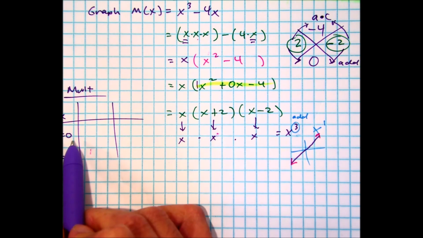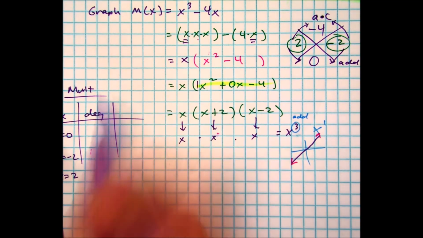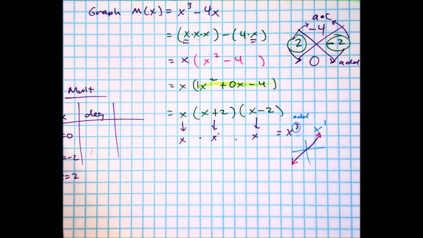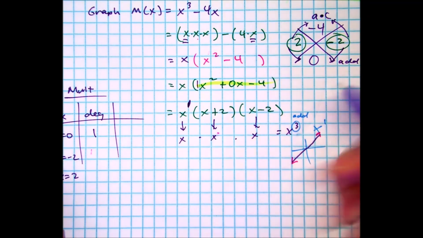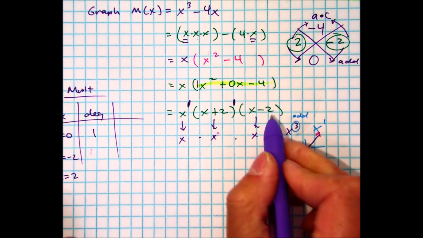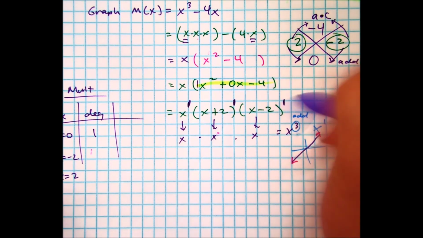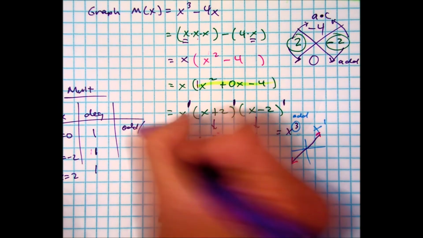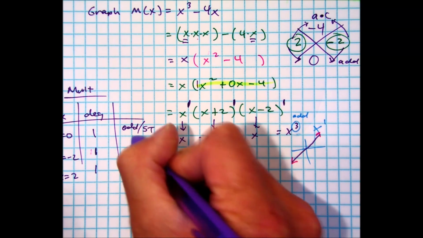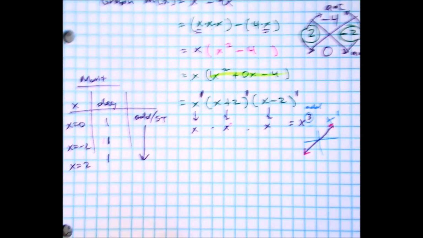What's the multiplicity at, or the highest degree at x equals 0? So there's a 1 right there, so 1. -2? And x equals 2. 1. And all of those are odds, which means you're going to shoot through the x-axis.